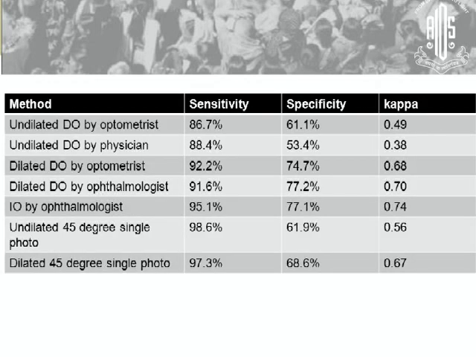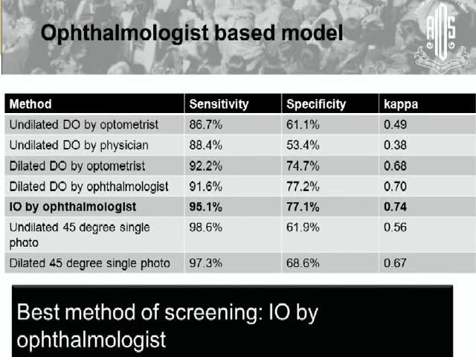And what we found is that if we look at the first model, the ophthalmologist-based model, the indirect ophthalmoscopy by the ophthalmologist, the sensitivity and specificity is pretty good, about 95% sensitive and about 77% specific.